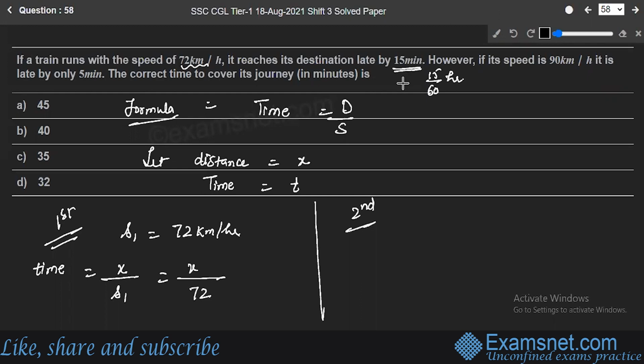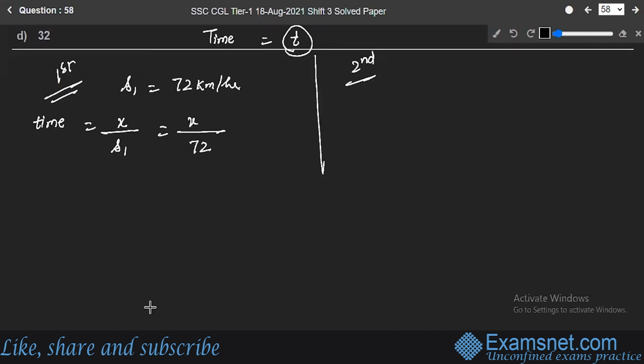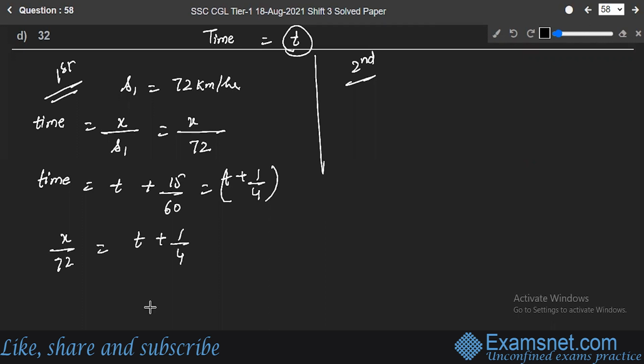If the original time to complete the journey is t, then it's late by 15 minutes, so the time is t plus 15 upon 60, that is t plus 1 upon 4. This is the time taken if the speed is 72 kilometers per hour. Now, according to the question, x upon 72 is equal to t plus 1 by 4.